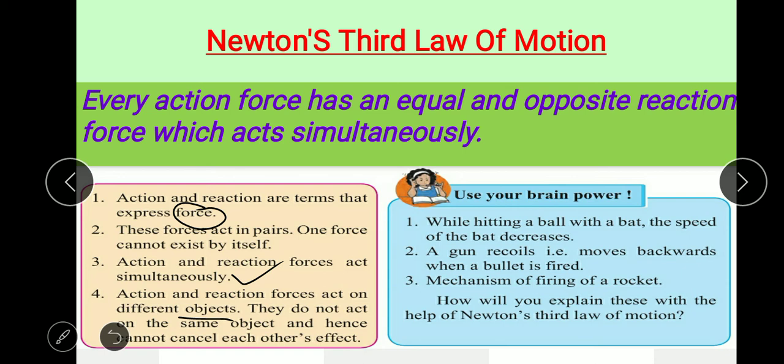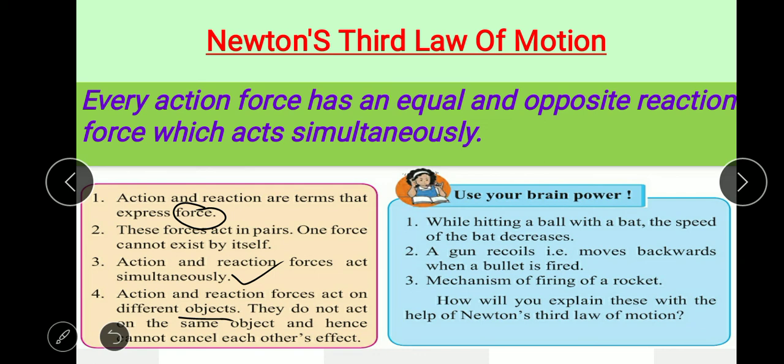If I push the wall, I'll be pushed by the wall. So if I apply force on the wall, a force will be applied on me by the wall. This is the reaction force. So remember, students, the action and reaction forces act on different objects.